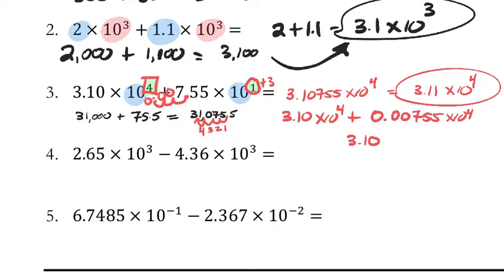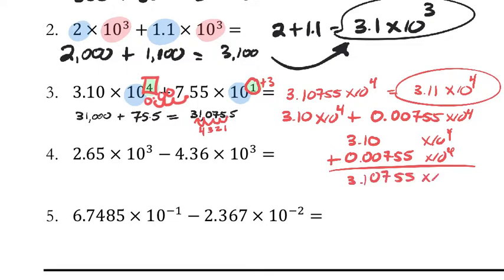So you have 3.10 plus 0.00755 times 10 to the fourth, and you get 3.10755 times 10 to the fourth, which rounds to the 3.11 times 10 to the fourth we saw earlier. So again, same answer, 31,075.5 rounds to 31,100.